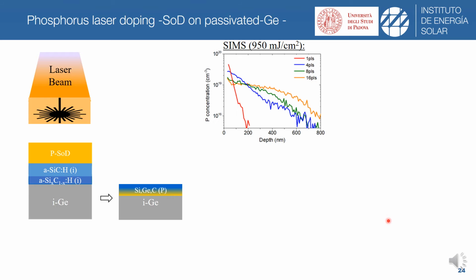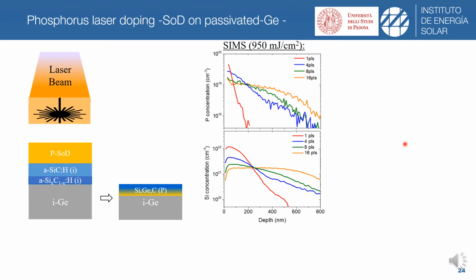So if we analyze first phosphorus introduction as a function of the number of pulses, we can observe a similar tendency to the first doping strategy. As you can see, increasing the number of pulses increased junction depth and also reduced the phosphorus surface concentration. In terms of silicon, similar trends as for phosphorus have been detected, with increased junction depth and reduced surface concentration as the number of pulses is increased.